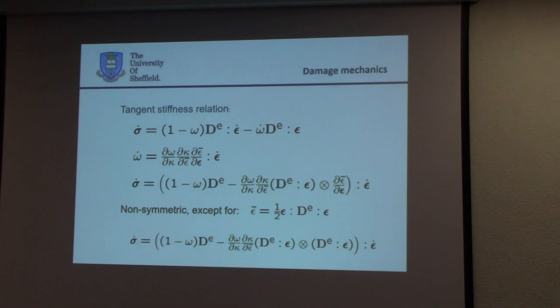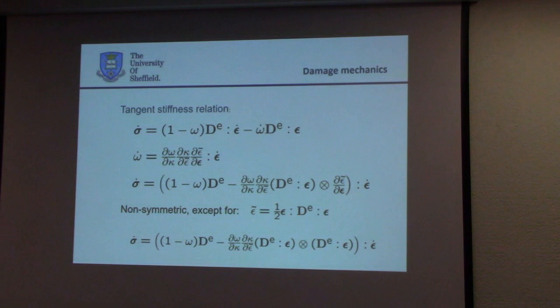Then you check whether your internal forces are in equilibrium with the external forces loading on the structure. If the tolerance is sufficiently small, you say, I'm happy, I have sufficiently good equilibrium. If they are not sufficiently close, you're not happy, and you use Newton's method, the Newton-Raphson method, to improve your estimate for your displacement increment.